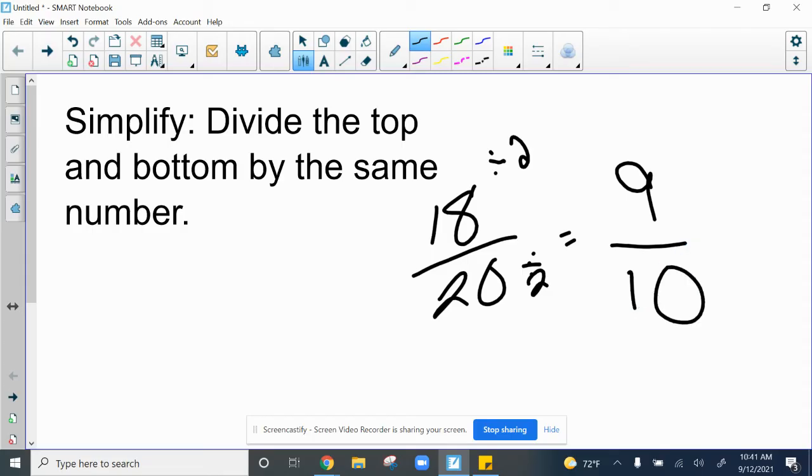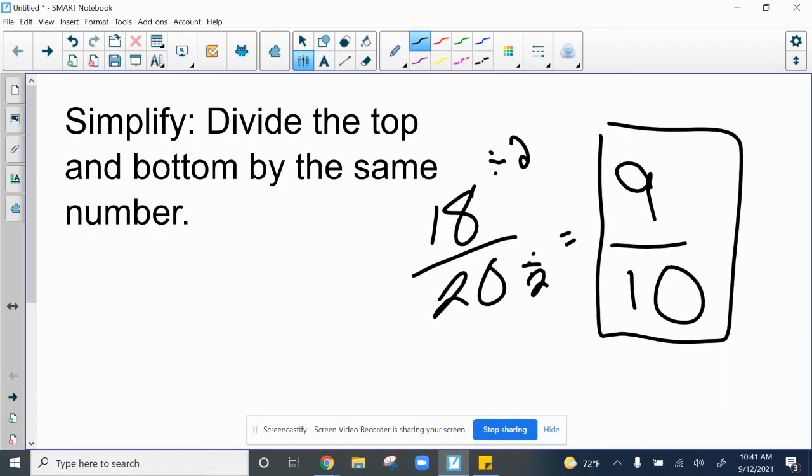So this would simplify to 9/10 because 9 and 10 cannot both be divided by the same number, because the only number you could use to divide 9 would be 3 or 9, and 3 and 9 are not factors of 10. So 9/10 is in simplest form.